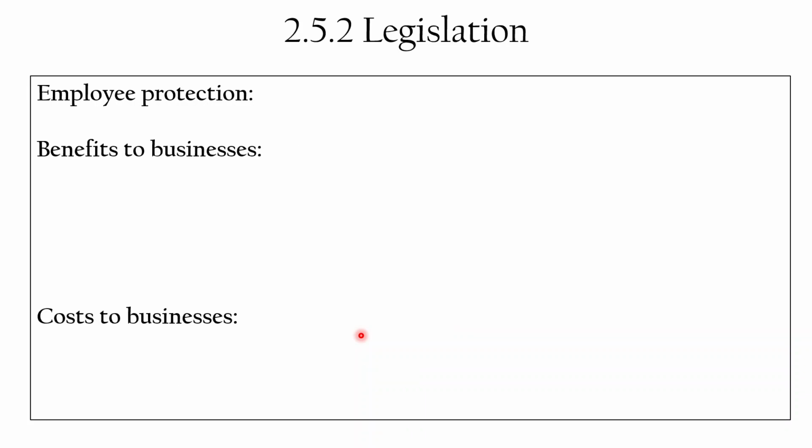So there are some benefits to businesses of having employment protection laws. So these are around basically more motivated staff. Okay, so you can link this to Maslow in terms of the hierarchy of needs.